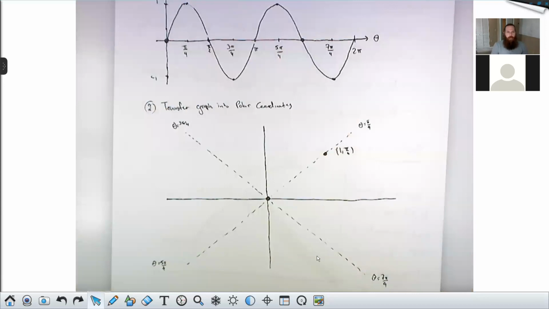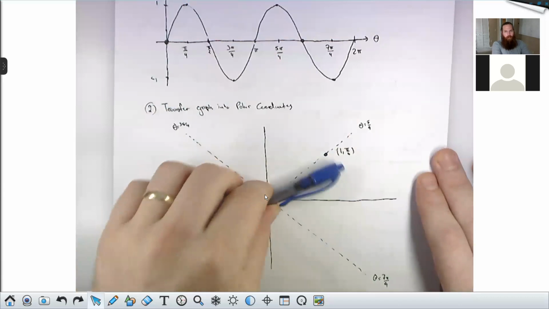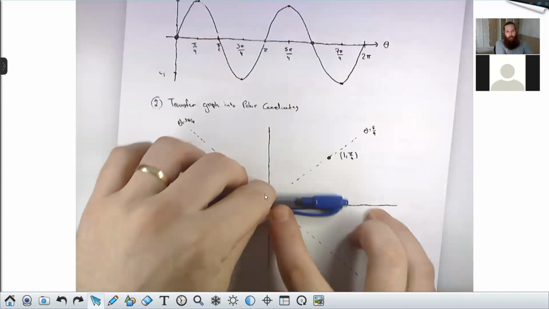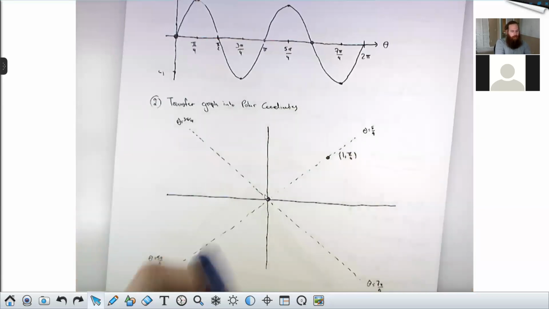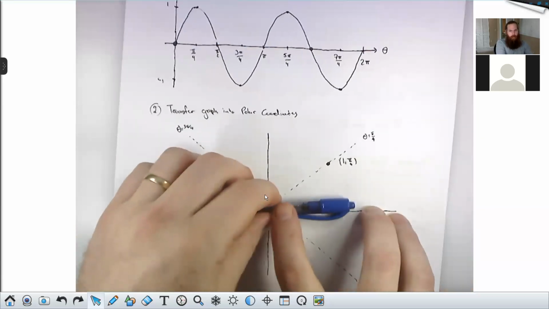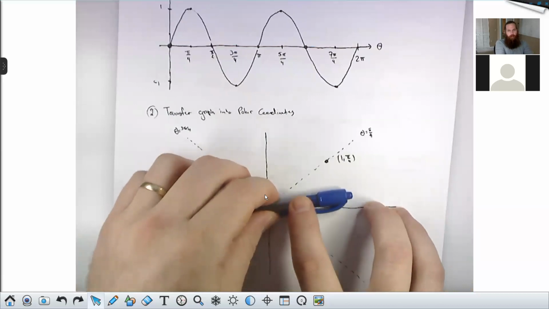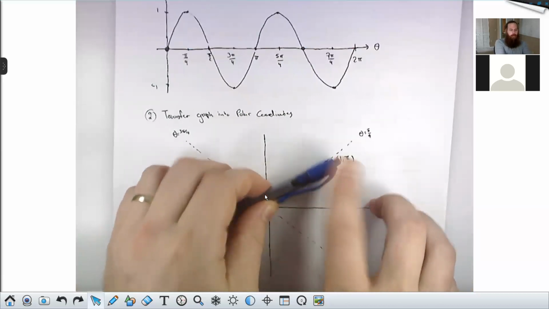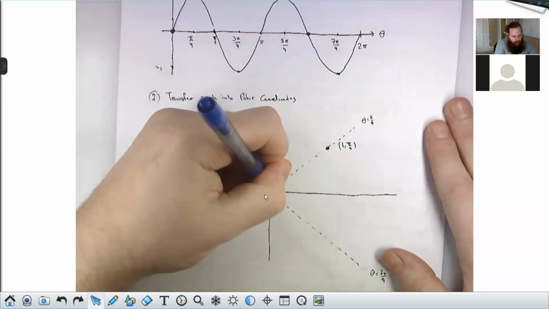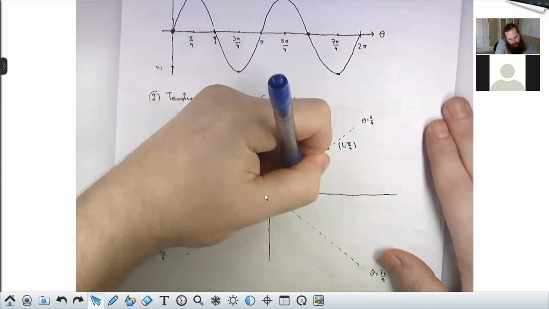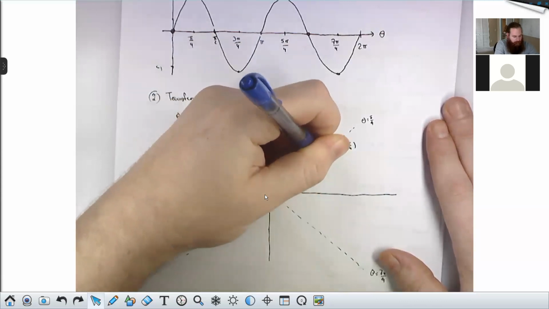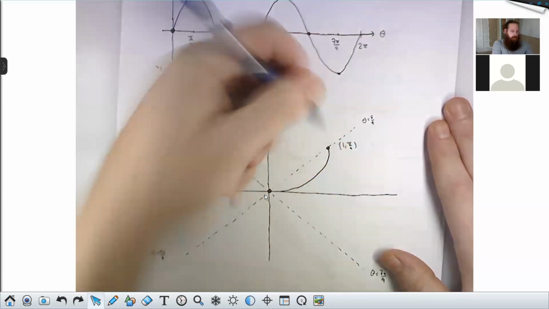And what happened in between 0 and pi over 4? Well, as my little arm starts to spin around, my little guy runs from the origin all the way out to radius 1. So if you follow the path that my finger took along the paper, it would be some sort of bloopy little curve coming tangent out here at the x-axis, at the horizontal or polar axis, and up like this.